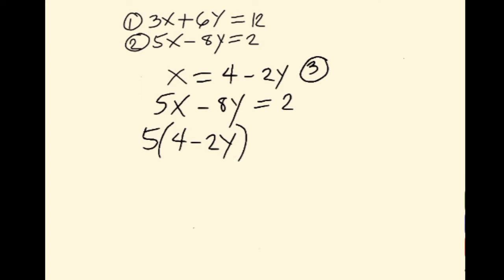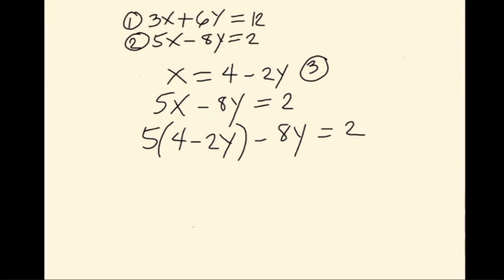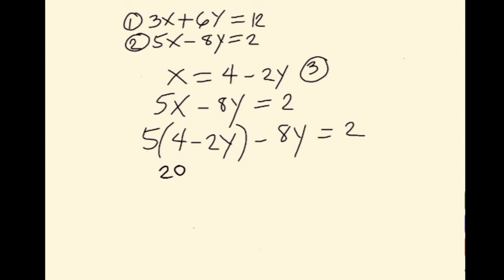Okay, so 5x minus 8y is equal to 2. Then we just need to distribute. So we do the distributive property in multiplication. Five times 4 is 20. Then 5 times negative 2y will be minus 10y.